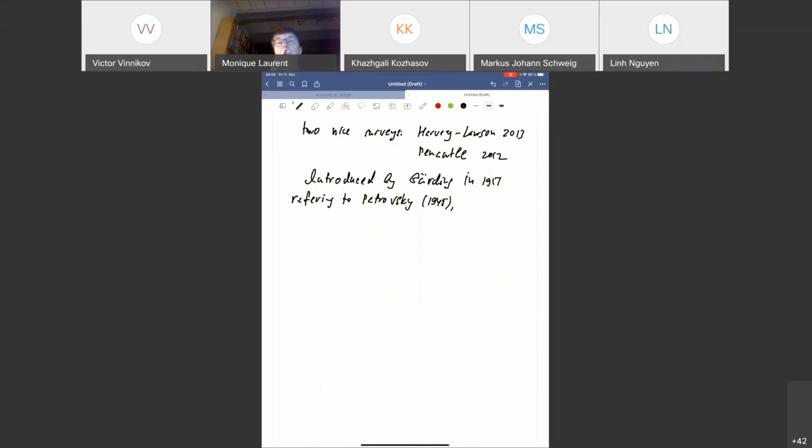And the amazing thing that Garding discovered was that there is a convexity hiding there. He proved the following.